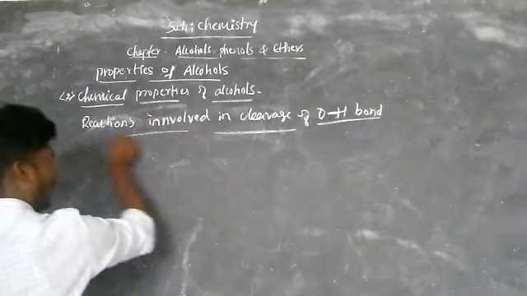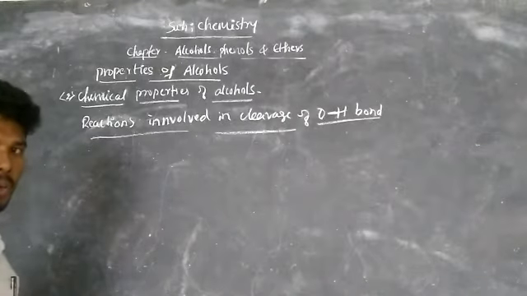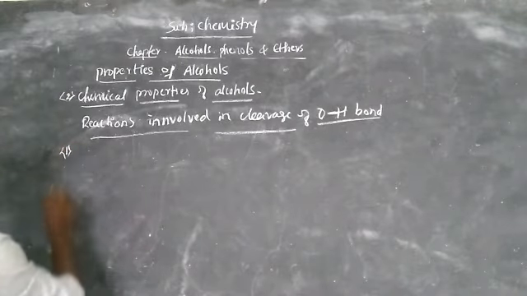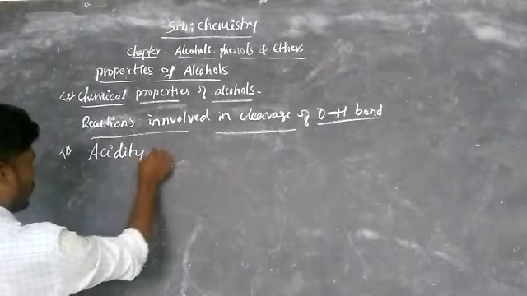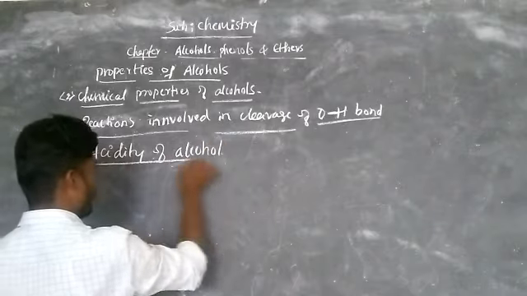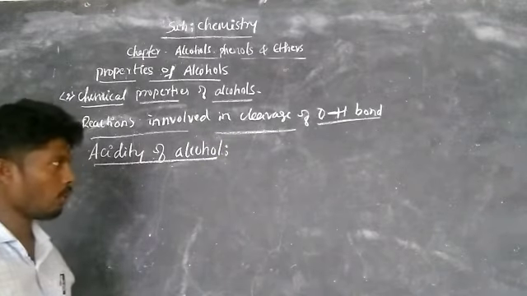This cleavage of OH bond indicates the acidic character of an alcohol. Now first one, acidity of alcohol. This OH cleavage character indicates the acidity of alcohol.